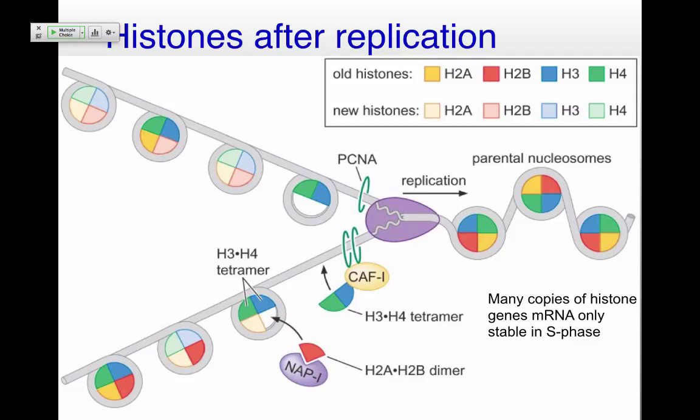We spoke briefly about this before. What happens to histones after replication? We talked about this when we were talking about heterochromatin being maintained after replication. This is another way of looking at that. You can ignore all of the names down here like CAF1 and NAP1. The basic message is that as you undergo replication, those histones pop off because you can't pull those two strands apart if they're bound to histones.